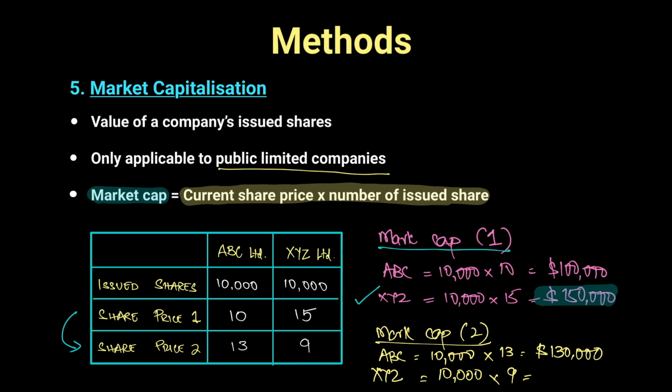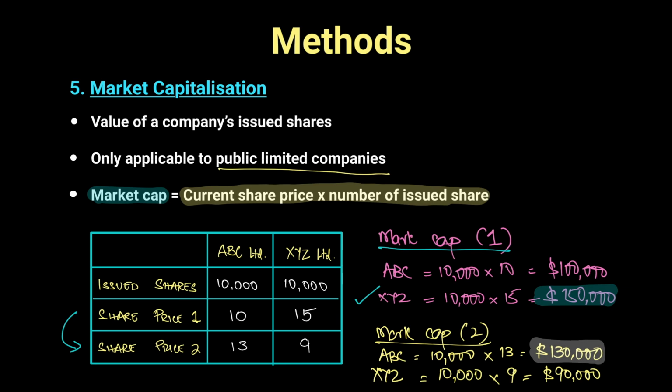Perhaps they had a bad quarter. Some of their top talent left the company, which has had an impact on their performance, which has dropped their market cap to $90,000. And we can clearly see now that the scenario has reversed. Initially, where XYZ had the lead, this time around, ABC has a higher market cap.